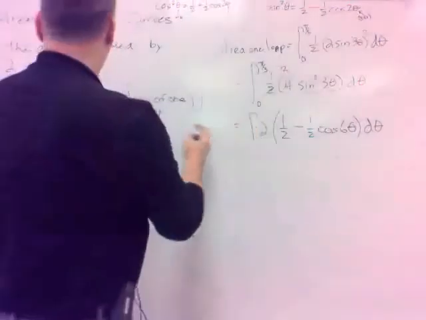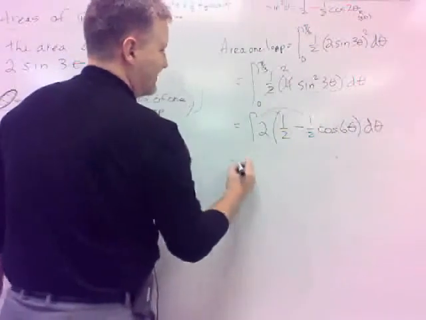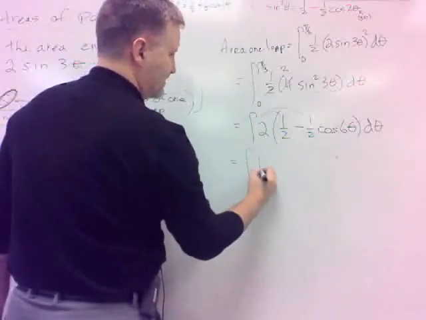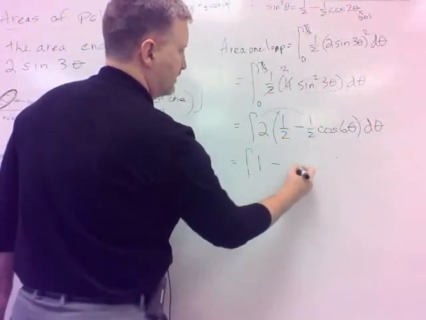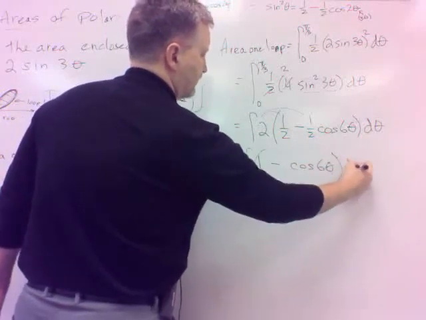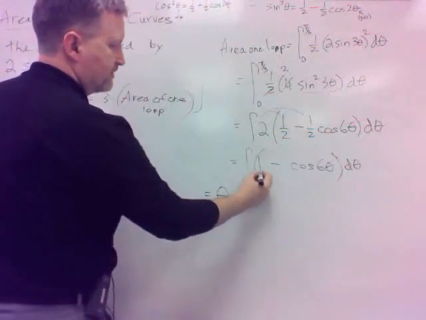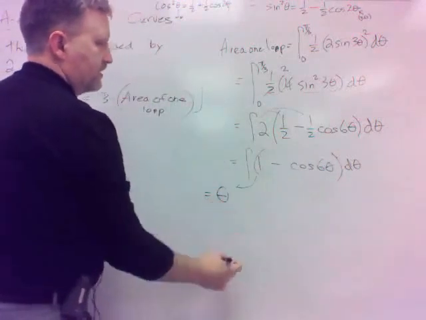Which, I guess that's why they're always putting 2's out here. I don't know if they always do that, but distribute the 2 in, so it's just the integral of 1 minus 1 cosine 6 theta d theta. So the integral of that is theta.